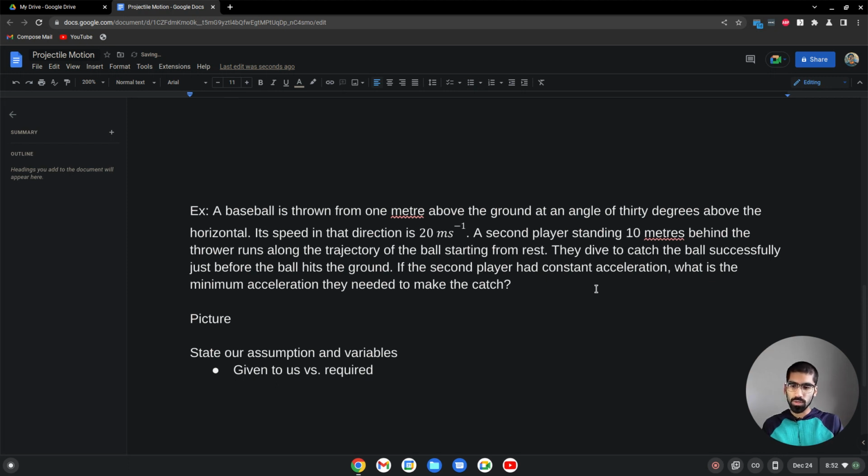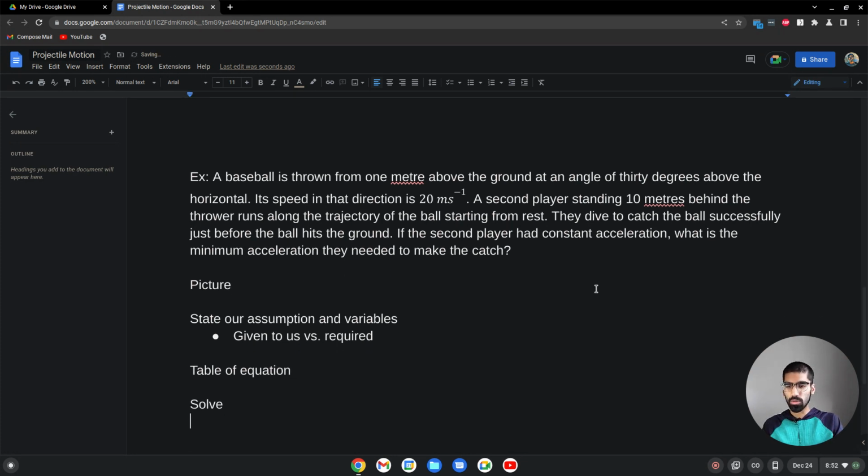Then we're going to make a table of equations as ever, and we're going to solve the equations and state our solution. Cool? Alright, pretty standard. Let's get to it.